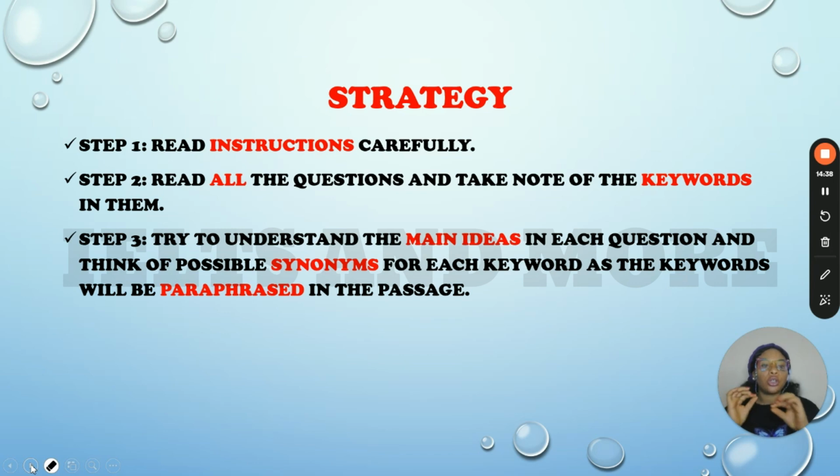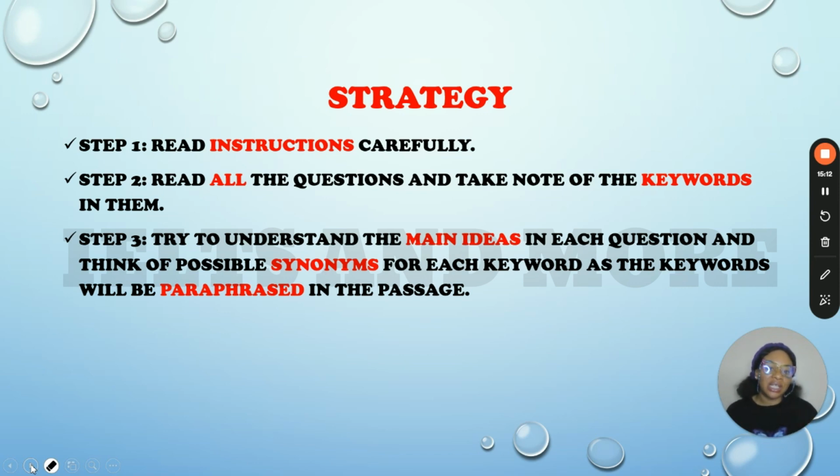When I say questions, they are actually statements, because you have a statement, a piece of information, and you have to find where it is in the passage. I don't really mean something ending in a question mark, but the statements that you have to locate in the passage. So make sure you understand all the statements, at least the main idea of what each statement is talking about.